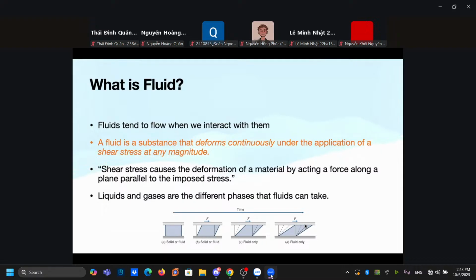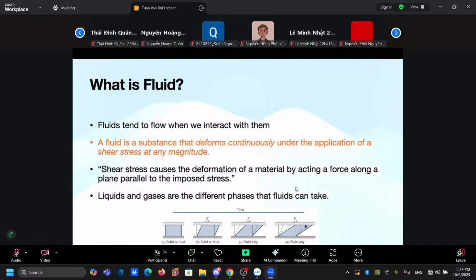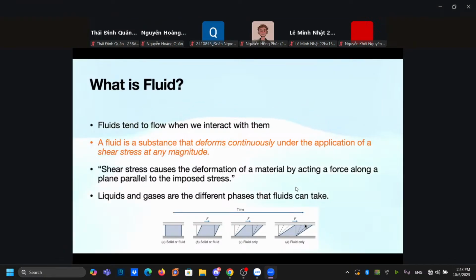In the slides I will put some highlights of important definitions or principles, and also some equations, because this course is new to you and there are a lot of new definitions and equations. It's very hard to remember, so I strongly recommend you to take notes.